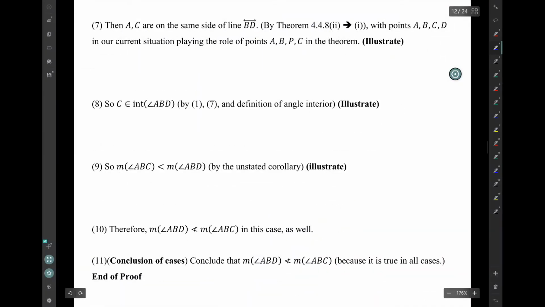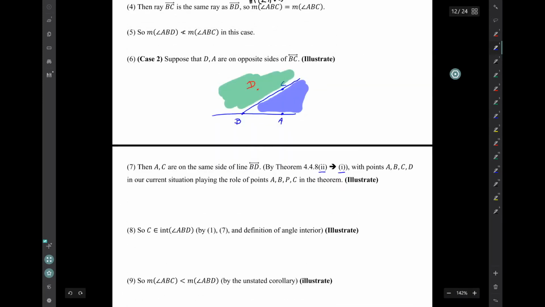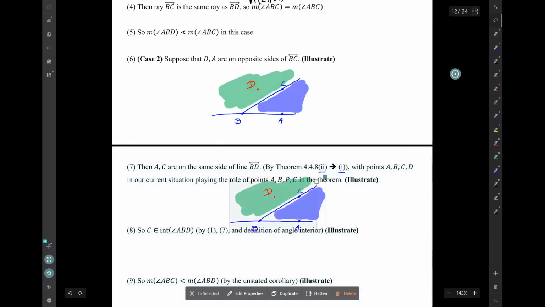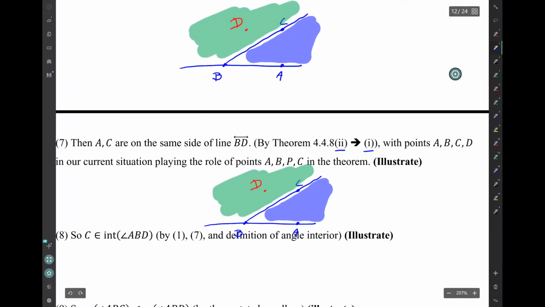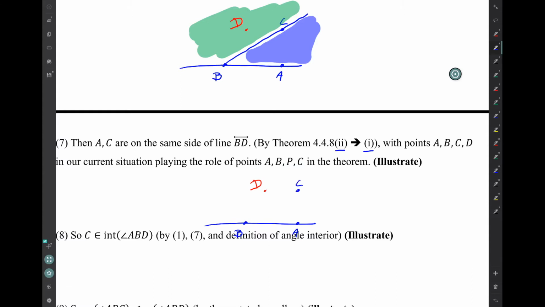So we are allowed to say that points A and C are on the same side of line BD by theorem 4.4.8 in the direction 2 implies 1. So let me illustrate that by pulling down that drawing and adding those points. Now I don't need to add points, I just need to change the half planes that I'm referring to. So I no longer need these half planes, and I no longer need that ray, but I do want to have a ray going through D.